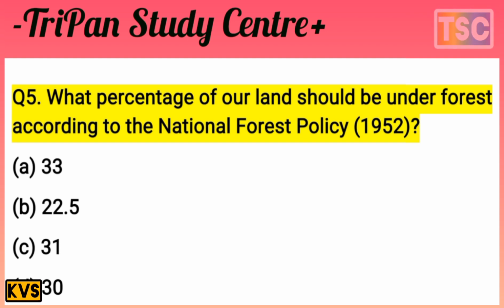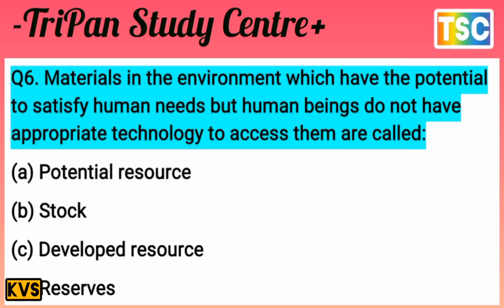Let's see the next question. The next question is very interesting. Materials in the environment which have the potential to satisfy human needs, but human beings do not have the appropriate technology to access them, are called.